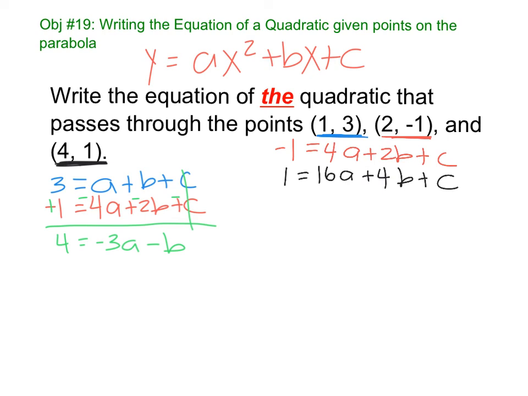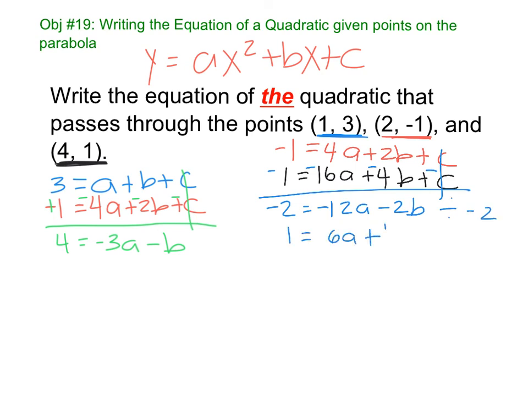Again, we're going to change the sign and combine those together to get rid of my c. -2 equals -12a minus 2b. I can simplify that. I'm going to divide by -2. And I get 1 equals 6a plus b.